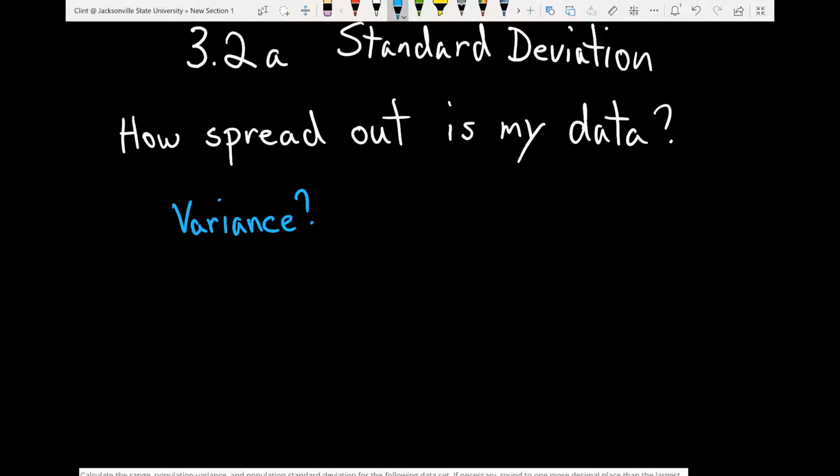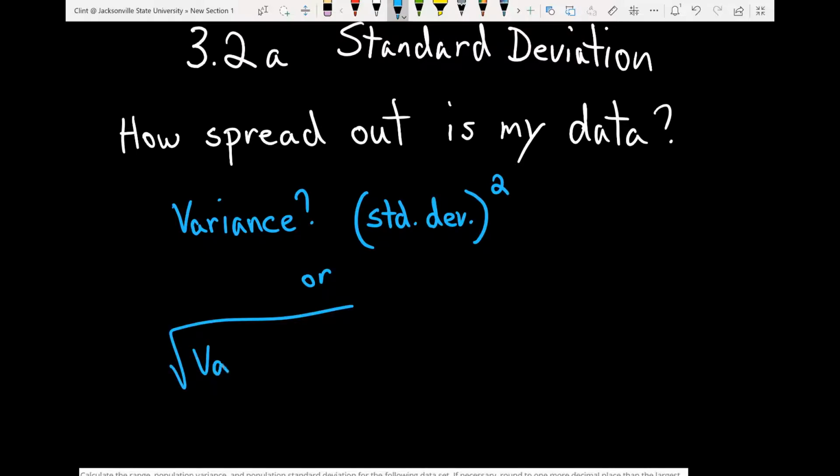Variance is just the standard deviation squared, or you could say that the square root of variance is standard deviation. So if you need to get back and forth, going from standard deviation to variance, you square it. If you have variance and you want standard deviation, you take the square root.